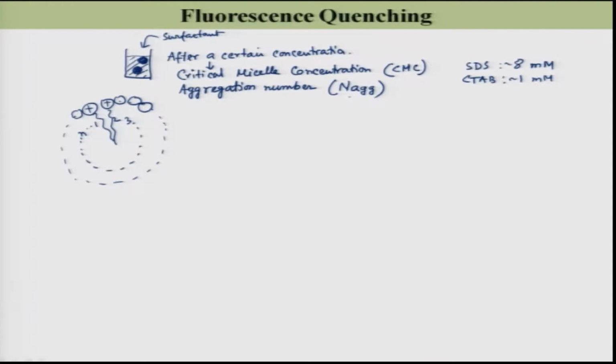There are several methods to determine the CMC. For example, the surface tension of the air-water interface keeps increasing as you add surfactant, but after the CMC it remains the same.